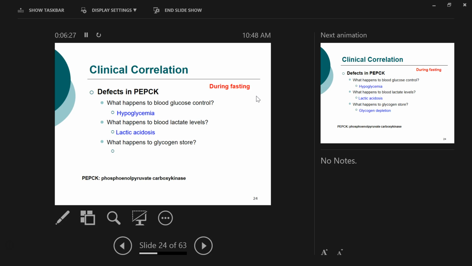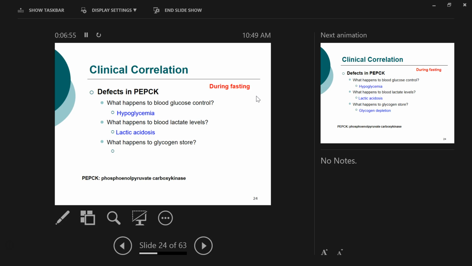Yes, because lactate cannot be used for gluconeogenesis. Because of the lack of this enzyme, lots of lactate will accumulate in the circulation, causing lactic acidosis, right? Again, this will usually happen during the fasting condition.